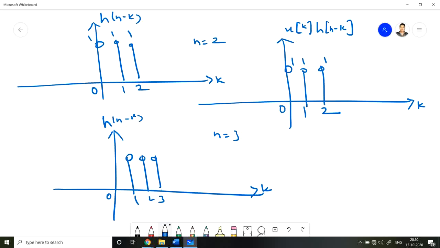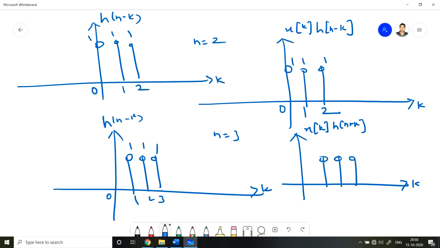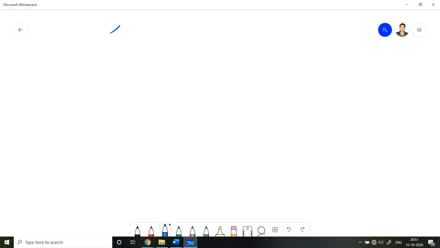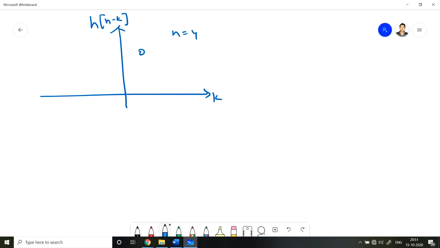The product of x[k] with h[n minus k] is 1 1 1 for k equals 1, k equals 2 and k equals 3. Next, when we have n equals 4, h[n minus k] is at 2, 3, 4.